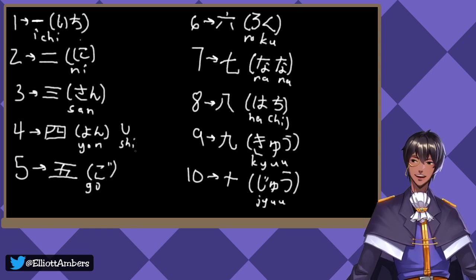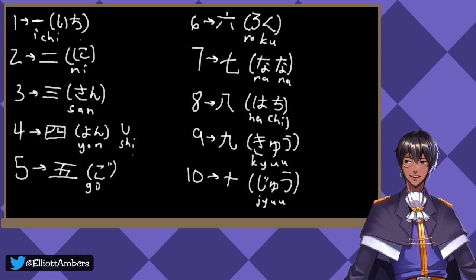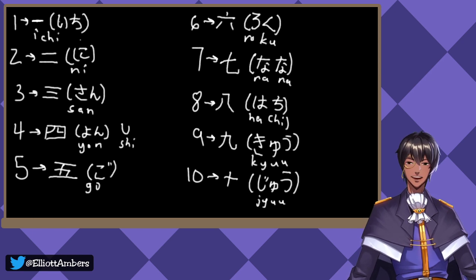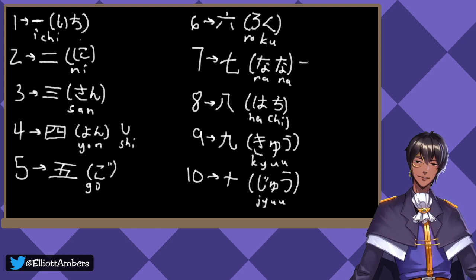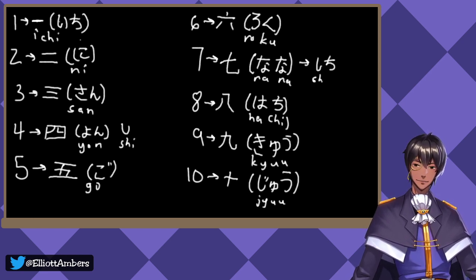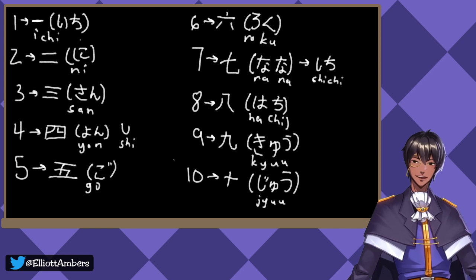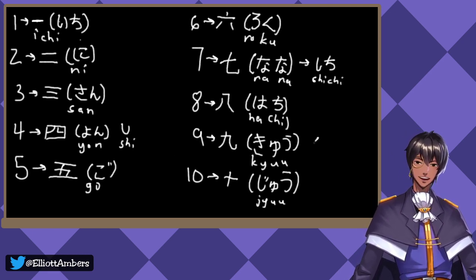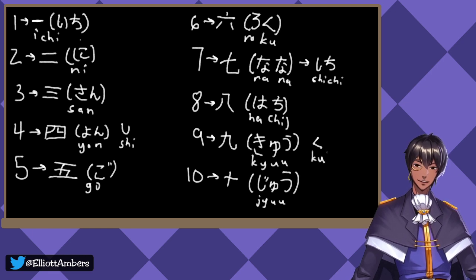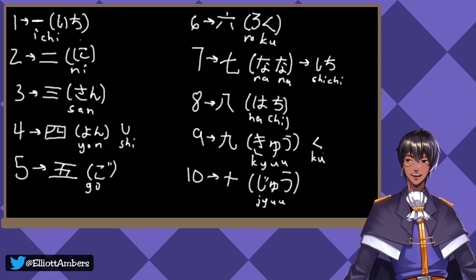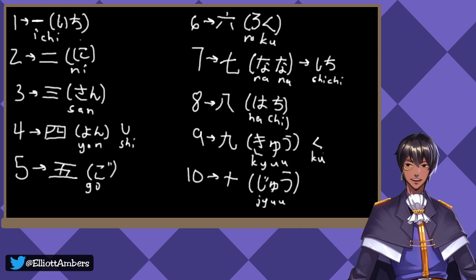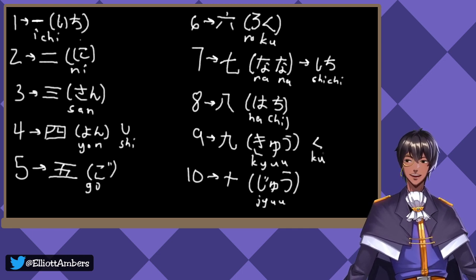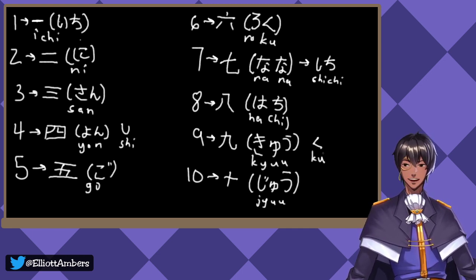There are alternate readings for a lot of terms. Yon and shi is a very common one for 4. There's also for 7, there is Shichi. And for 9, there's also Ku. There's not really a difference here. I think it's just one of them became more common than the others.